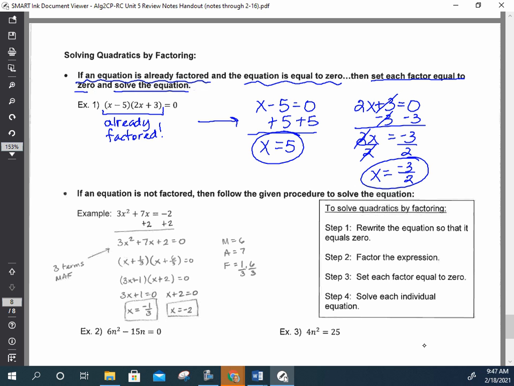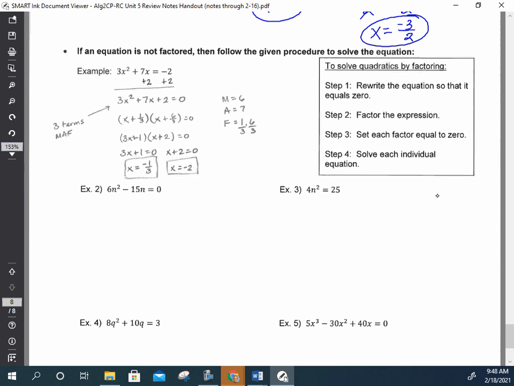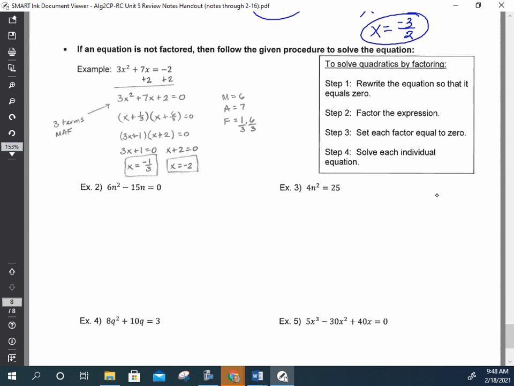So if it's already factored, split it apart, keep it moving. If it's not already factored, then we have some work to do.